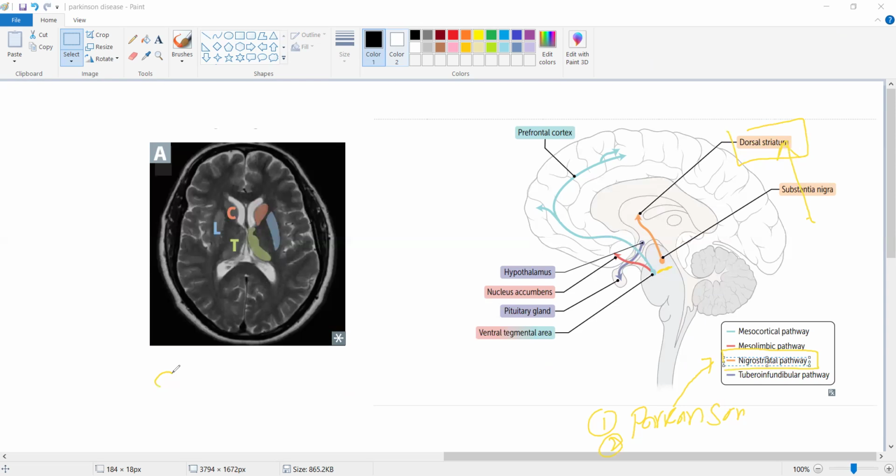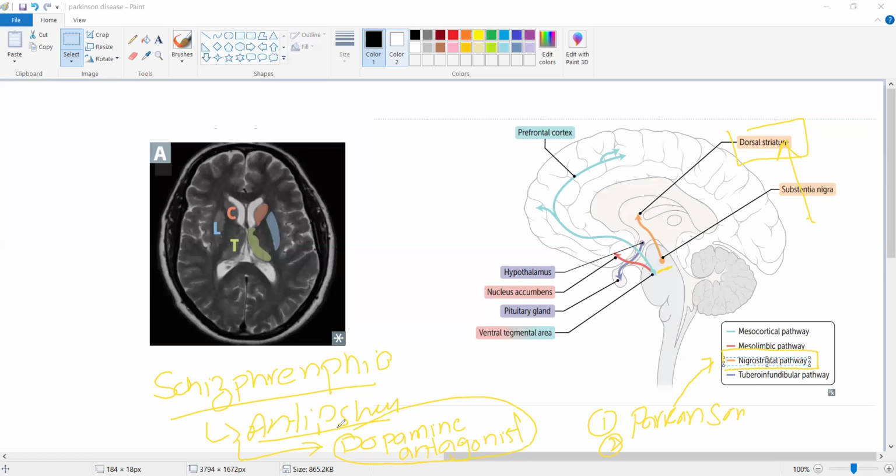They give you the history of schizophrenia, right? So schizophrenia is treated by antipsychotics, right? Antipsychotics are mainly dopamine antagonists, right?